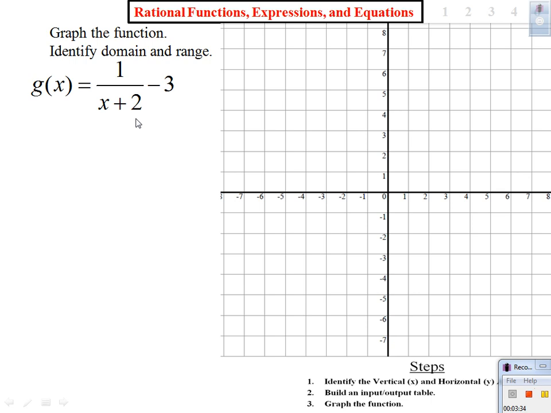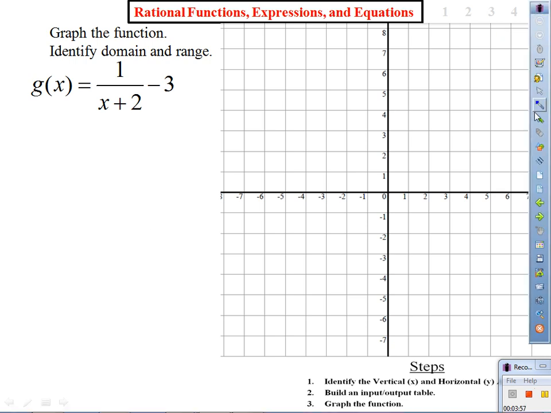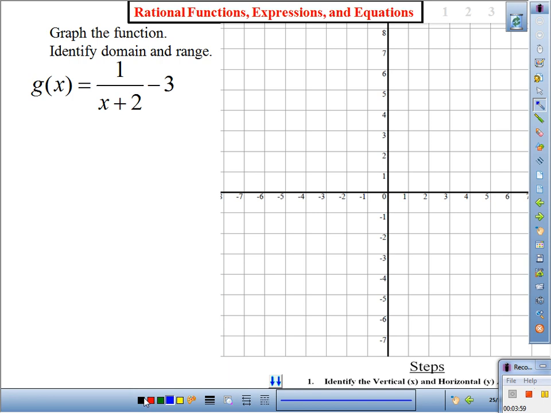Just by looking at it, the vertical, this is supposed to be a negative right here, but since it's a positive, then our vertical is negative 2. What is our horizontal? Negative 3. So vertical, negative 2. Horizontal asymptote, negative 3.